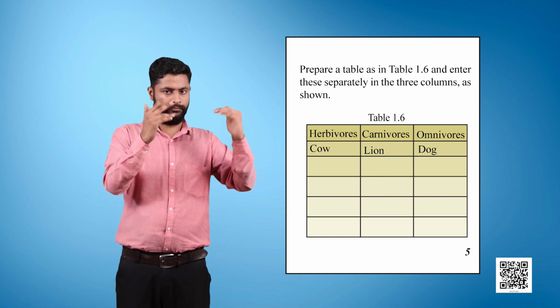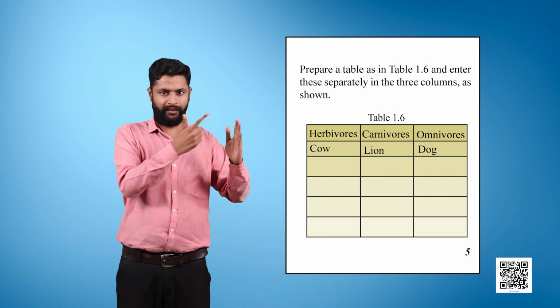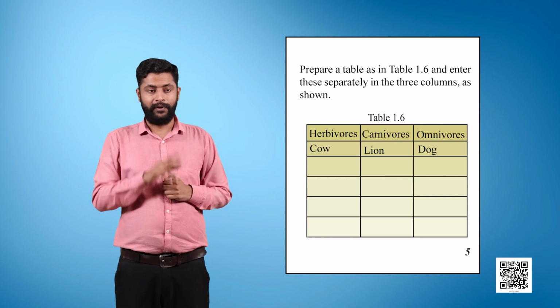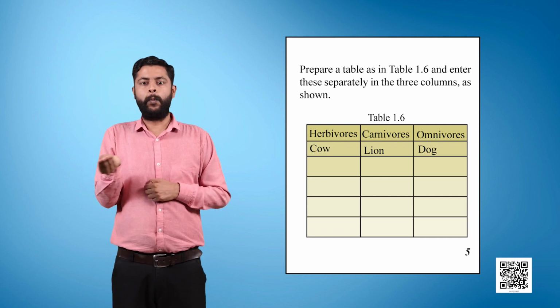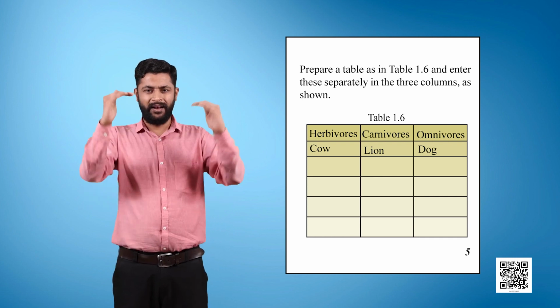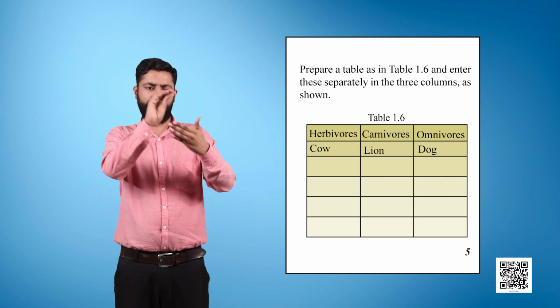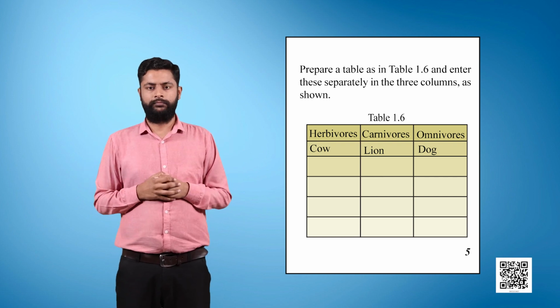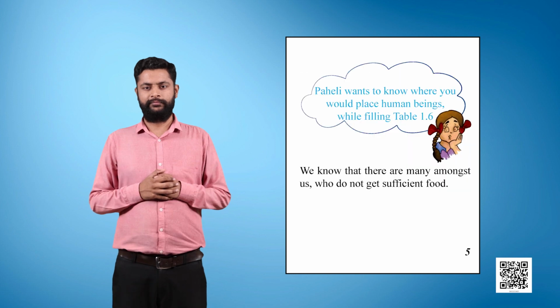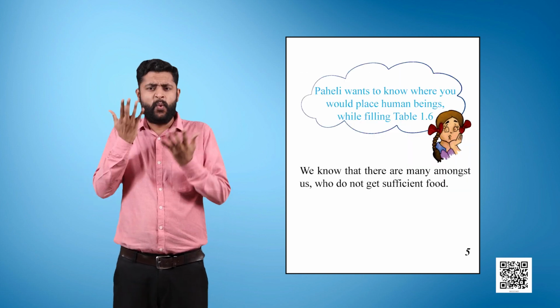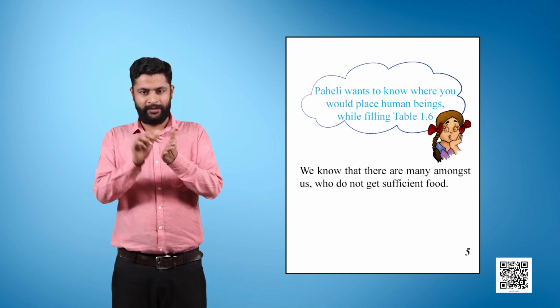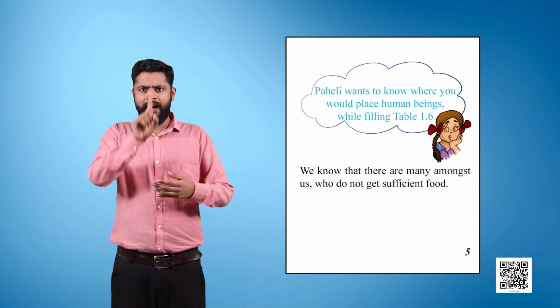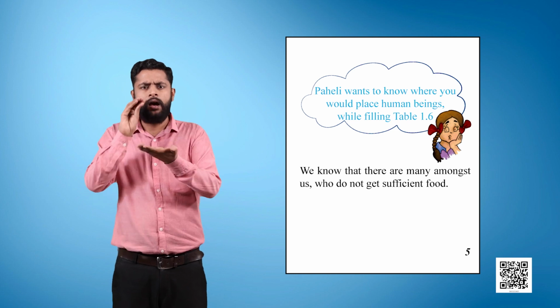In column herbivores, cow. In column carnivores, lion. In column omnivores, dog. Rest blanks are left for your activity. Here is a picture of Paheli. She wants to know where you would place human beings while filling Table 1.6.